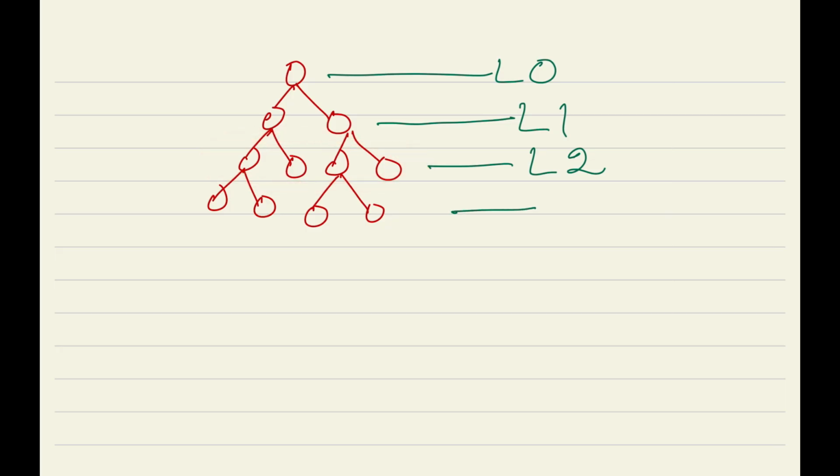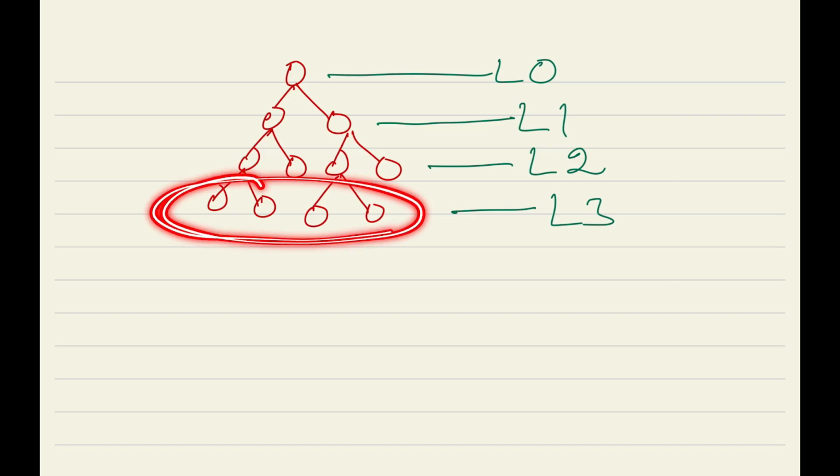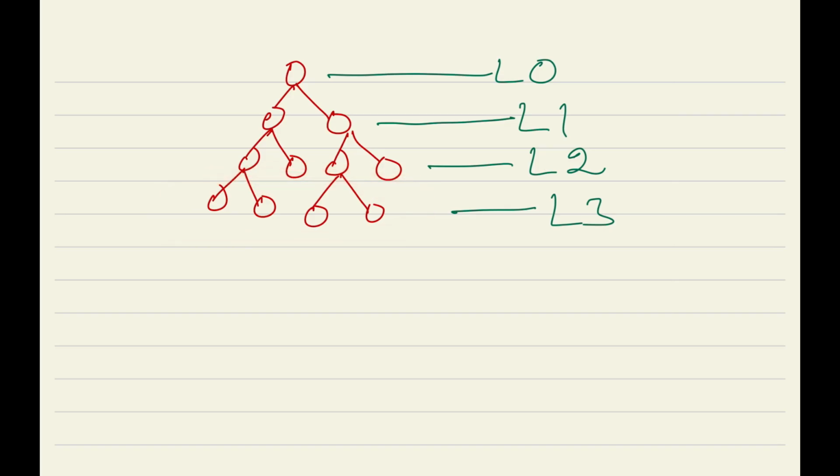Then the last level L3 is not completely filled, and it is not filled from left to right. Here this node is filled, then this node has no children, and next this node has 2 children.